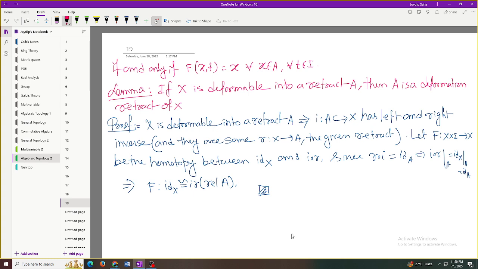I want to say A is not only a deformation retract. Just one minute.